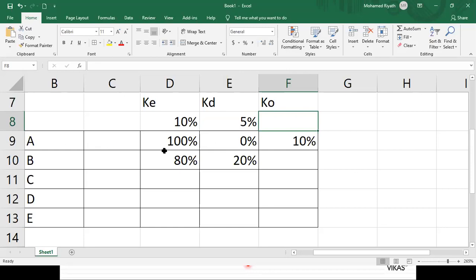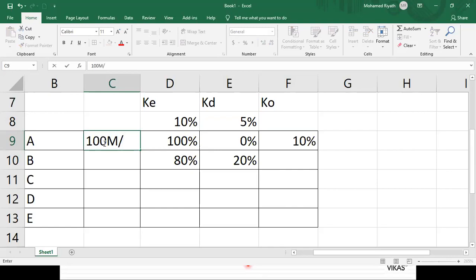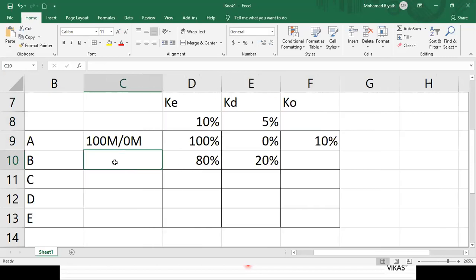At point A, where it is 100% equity, say for example 100 million total capital: 100 million equity and 0 million debt. In this example, 80 million equity and 20 million debt.